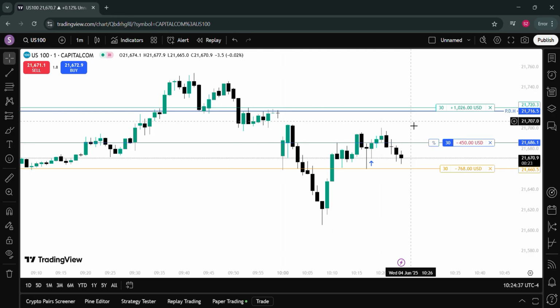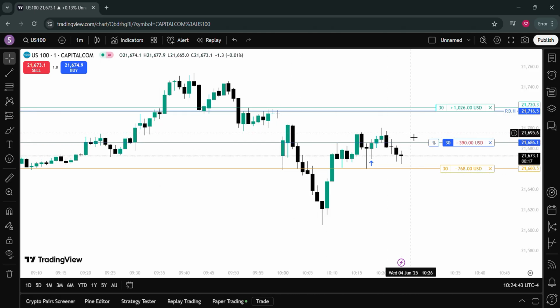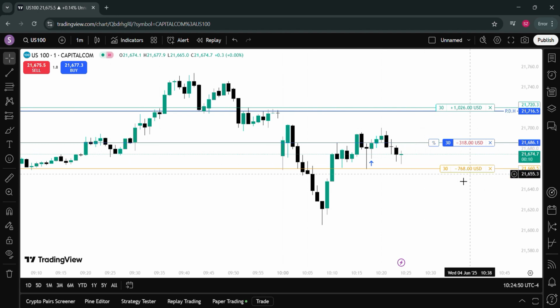I don't think price is going to fill up that gap. We're just going to wait for it. Doing a little bit of drawdown. Let's see. Our stop loss is very tight.